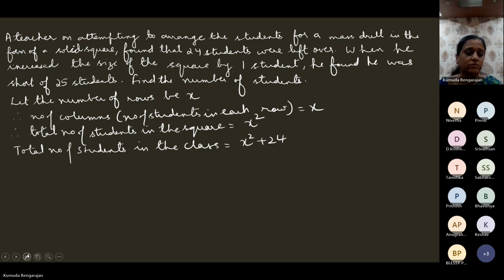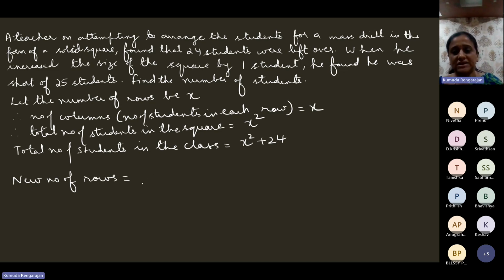Okay. In the second case, when he increased the size of the square by one student, that is, if it was earlier a 5 by 5 square, now he makes a 6 by 6 square.